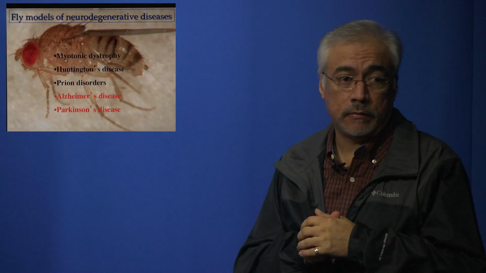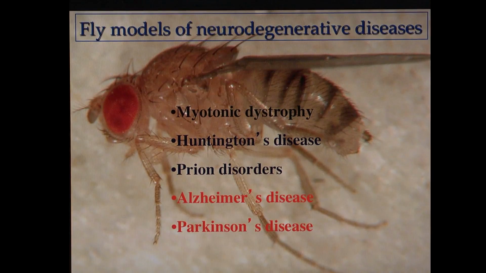We have models of several neurological disorders. Okay, so these are some of the ones that we have: myotonic dystrophy, Huntington disease, prion disorders, Alzheimer's, and Parkinson. One important thing is that none of these diseases have a cure.